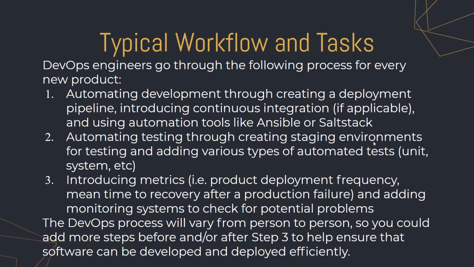And they might also add monitoring systems to check for potential problems. But this process will vary from person to person, so you could add more steps before and or after step 3 to help ensure that whatever software you're working on can be delivered efficiently and effectively.